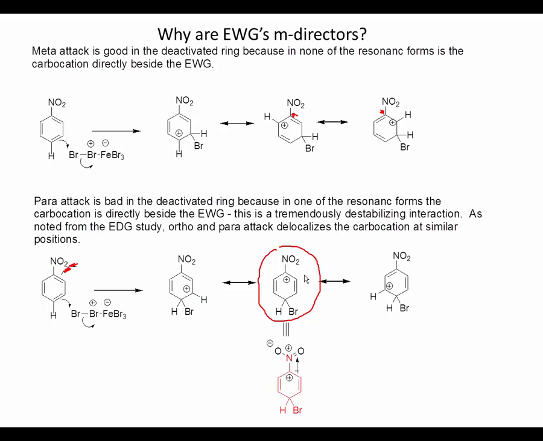Recall that the ortho and para put the carbocations in roughly the same places, and this would also be a problem if you attacked the ortho position. You would have one of the resonance forms that had a positive charge right beside the nitro group.